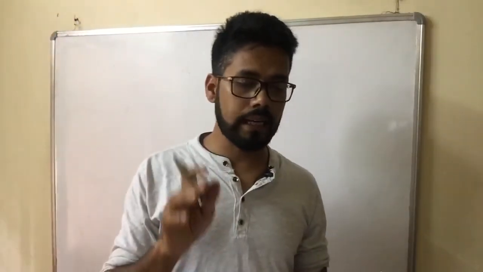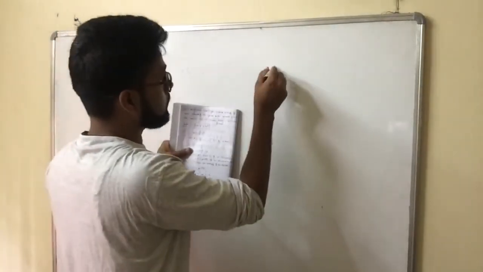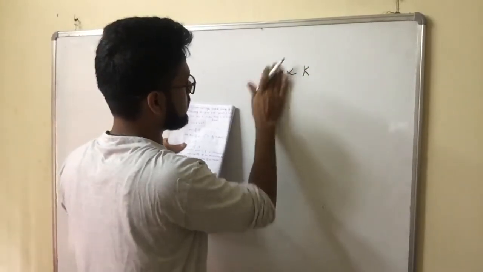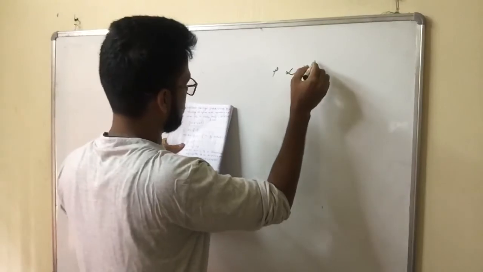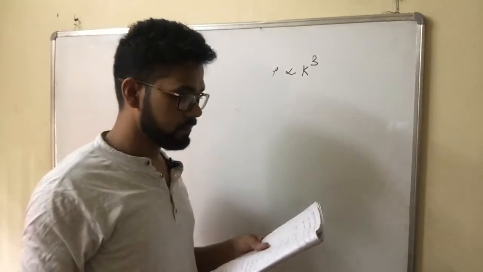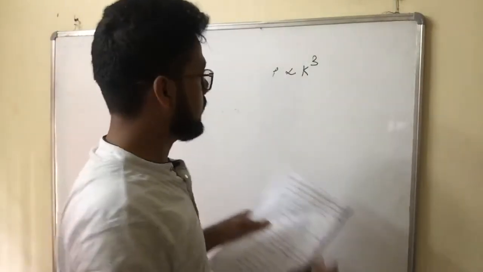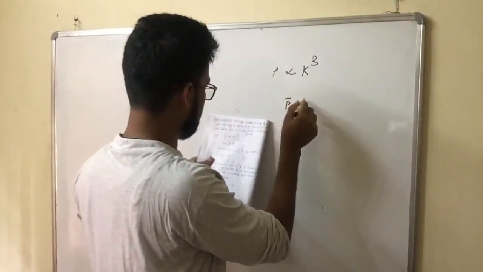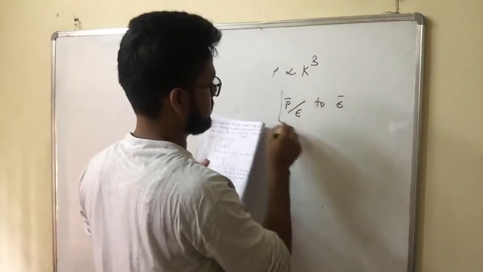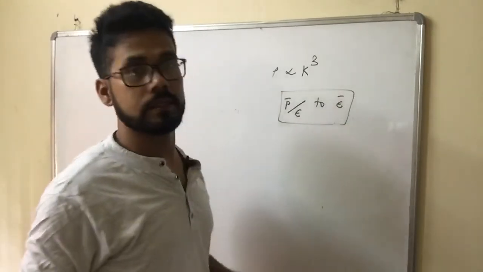A single particle energy of a non-interacting three-dimensional system, with momentum proportional to k cubed. Then find the ratio of pressure P to the energy density U. Okay, this question comes in the exam.